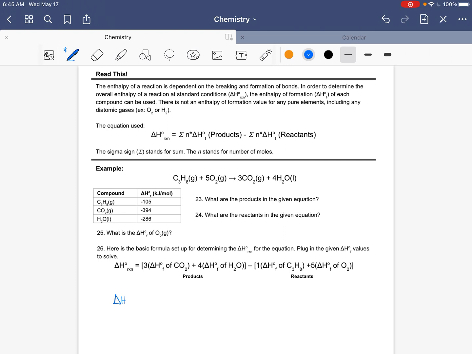So I have my enthalpy of the reaction is equal to, and I'm going to do my products. So I'm going to do the number of moles of my CO2, which is 3 times the enthalpy of formation for CO2, which is negative 394.